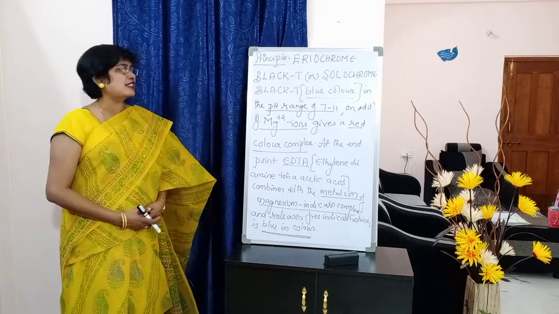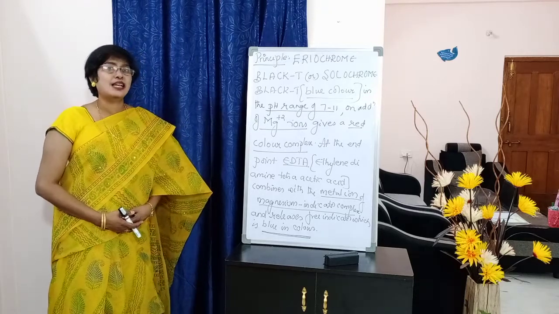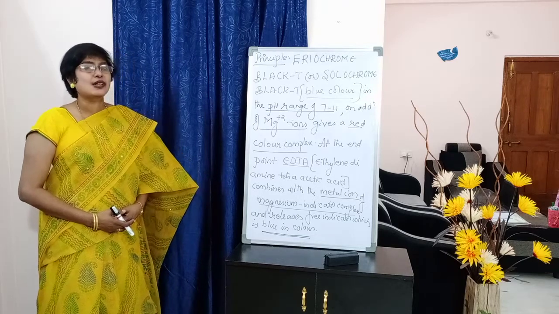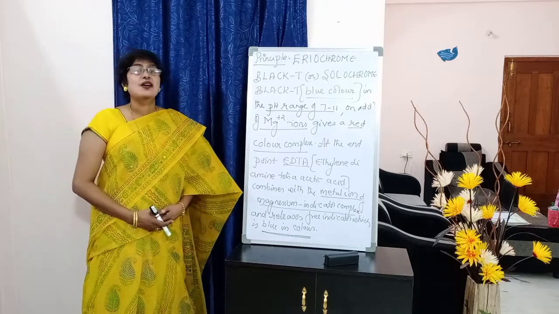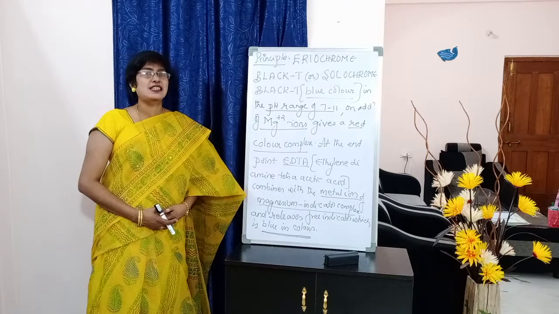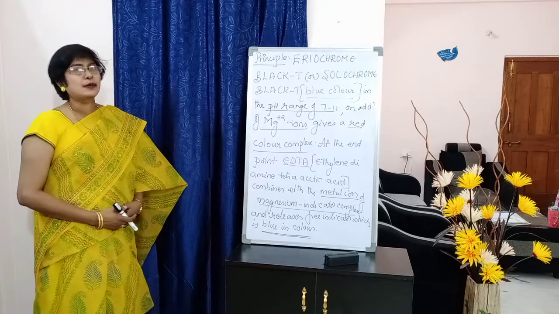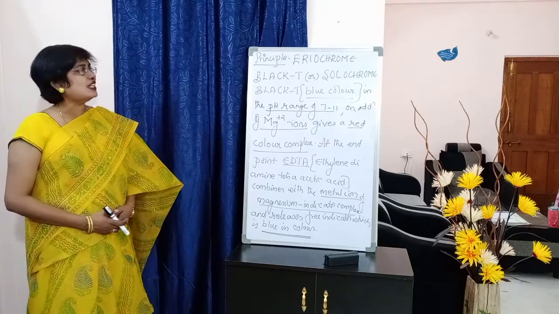Solochrome black T, which is a blue color. The indicator is blue in color, students. What is it called? EBT or Eriochrome black T indicator, which is also named as solochrome black T. Commonly we call it as an EBT indicator.